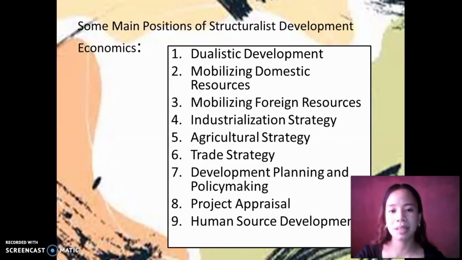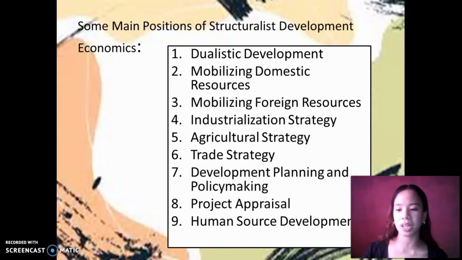So third, mobilizing foreign resources. There might remain a savings gap and foreign exchange gap, which could be filled from external sources through public financial aid, loans, private foreign investment, and non-monetary transfers of managerial and technological knowledge.